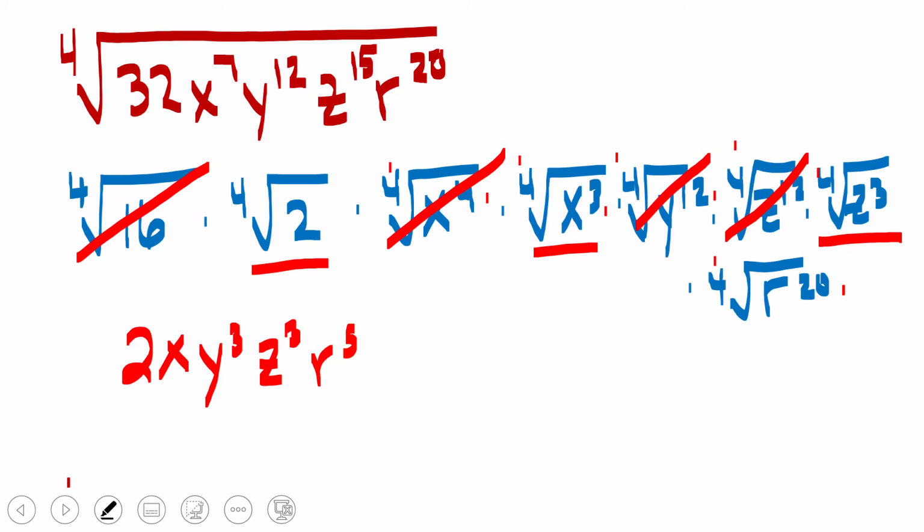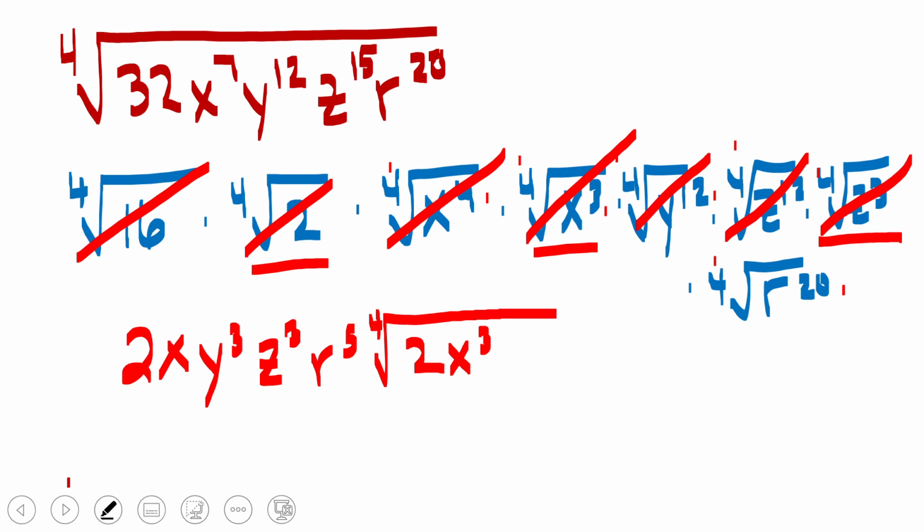Outside the root symbol, inside the root symbol with the index of 4, we're going to address, we have a 2, an x cubed, a z cubed, and we've already addressed the r to the 20th power.